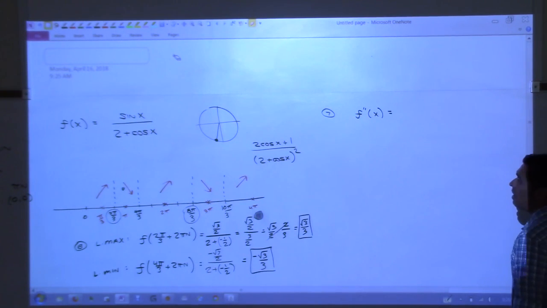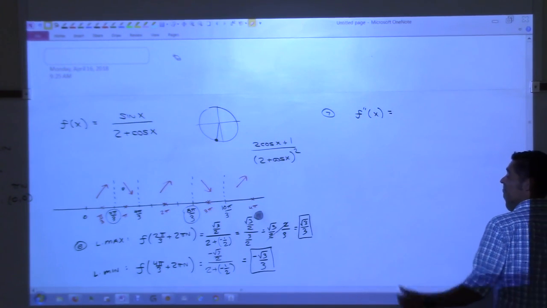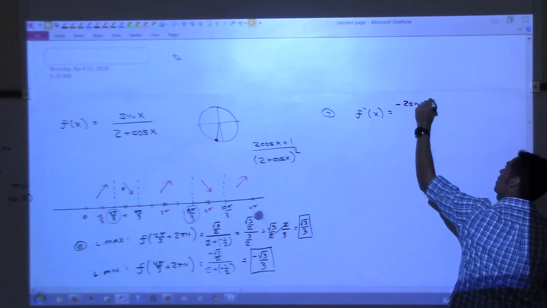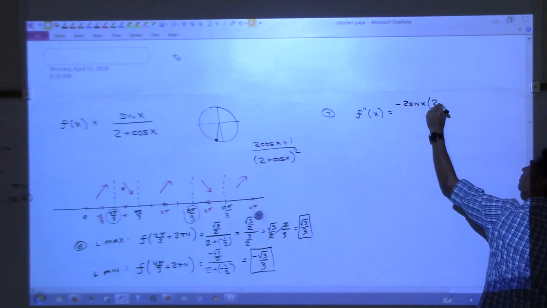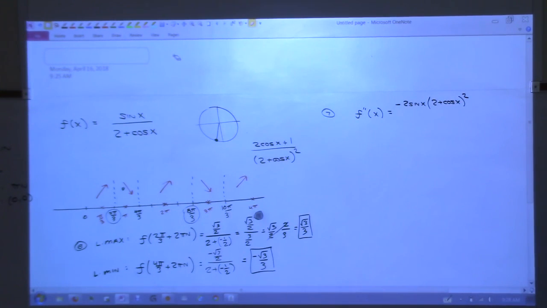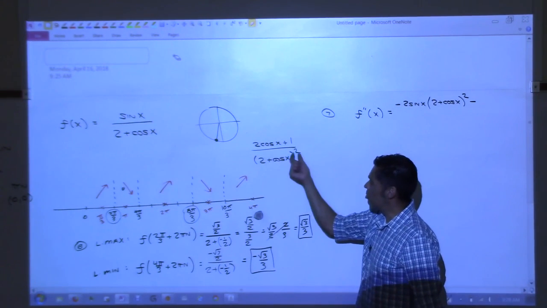What's the derivative of the top? Negative 2 sine x times the bottom. All right, that's starting out the quotient rule. Okay, minus the derivative of the bottom. But the bottom is chain rule, right?